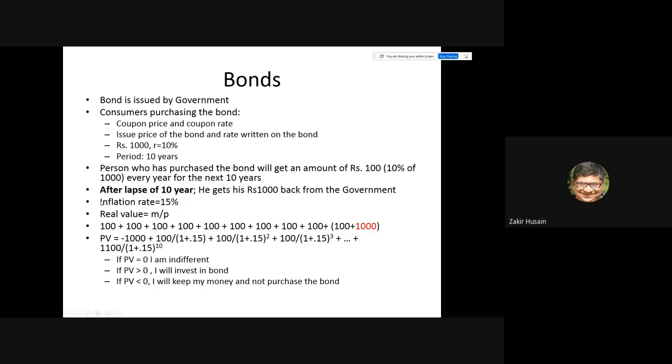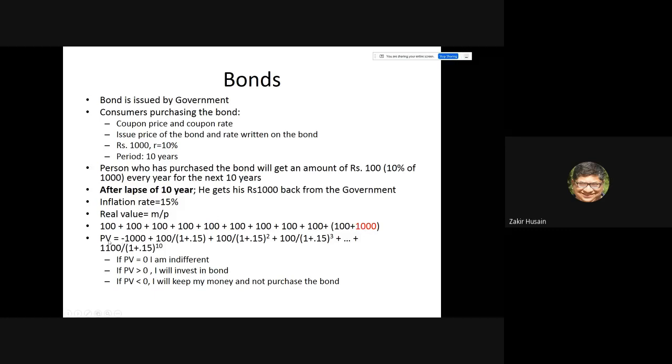Okay? So the inflation rate is 15%. So that means the real value will be M by P. Now, apparently it will mean that you're getting 100 rupees every year for 10 years, and in the last year you get back 100 plus the original 1,000, the face value of the bond.